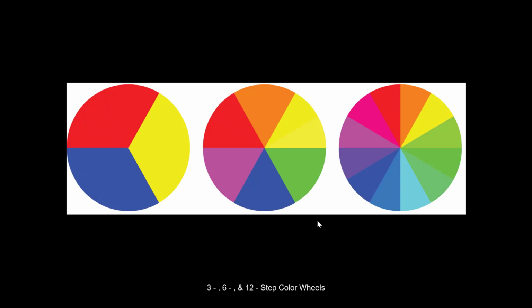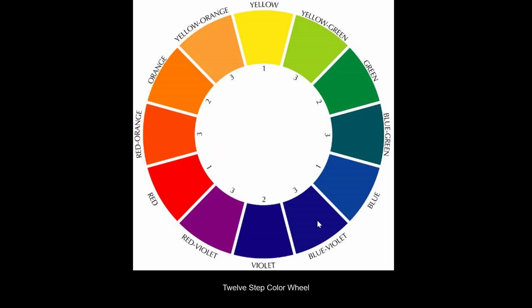So instead of Roy G. Biv, you have Roy G. Biv. What we have here are primaries, secondaries, and intermediate colors. Intermediate colors are the mixture of a primary and an adjacent secondary. I have to say adjacent because I can't just say that it's the mixture of a primary and a secondary, because if I mix red, a primary, with green, a secondary, I do not get a beautiful color that shows up on my 12-step color wheel.